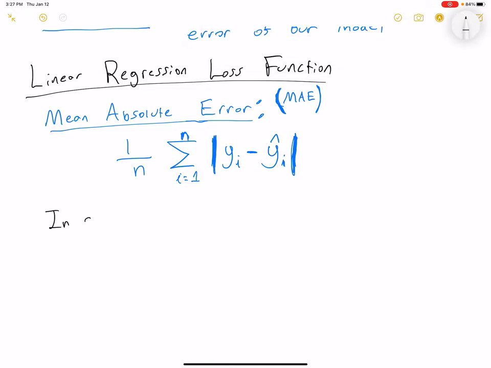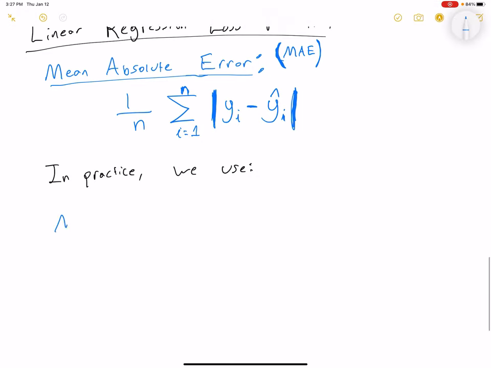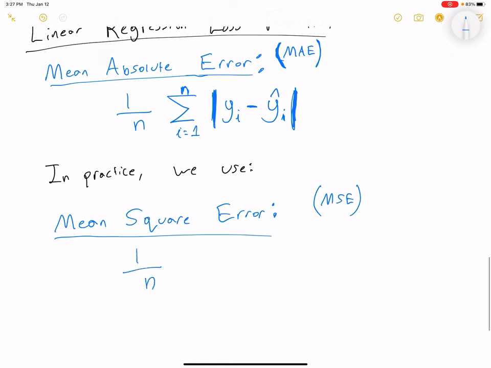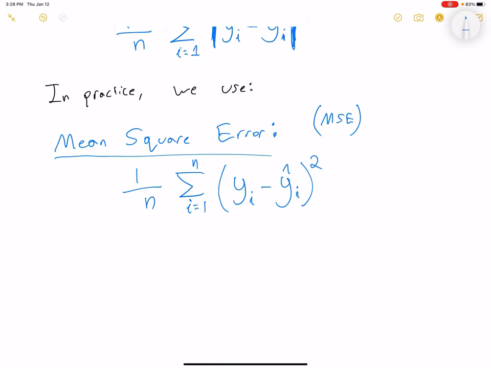In practice, we use mean squared error, which is basically the same thing, except now we are looking at the squared distance between the true value and the predicted value.